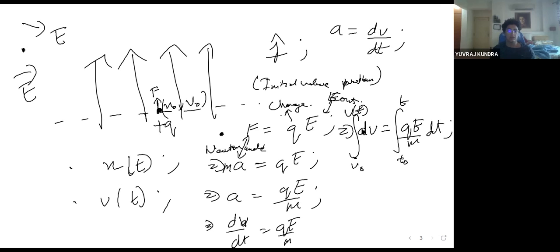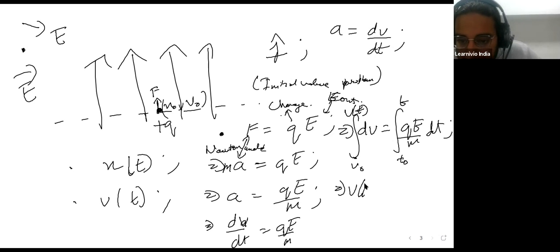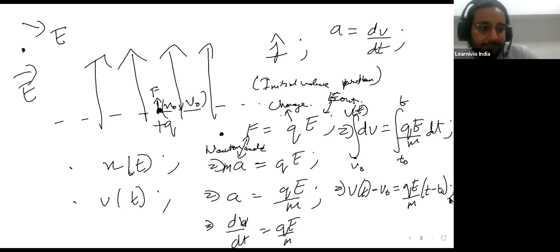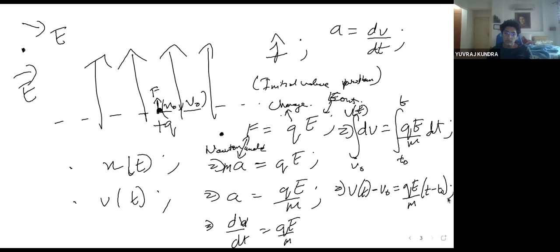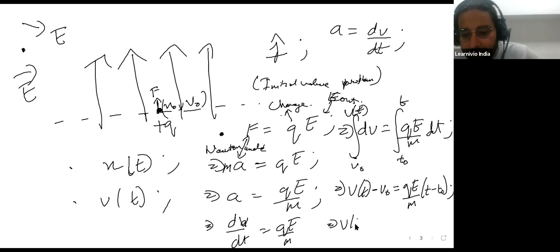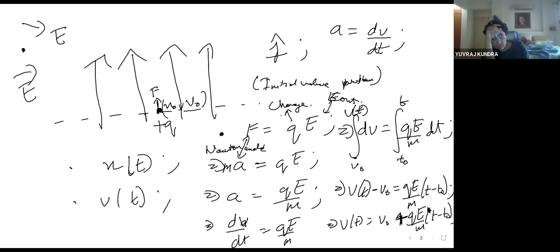So v as a function of t minus v naught is equal to qE over m times t minus t naught, correct? Yes, sir. So v as a function of t is v naught plus qE over m times t minus t naught. Have you seen this equation anywhere before?